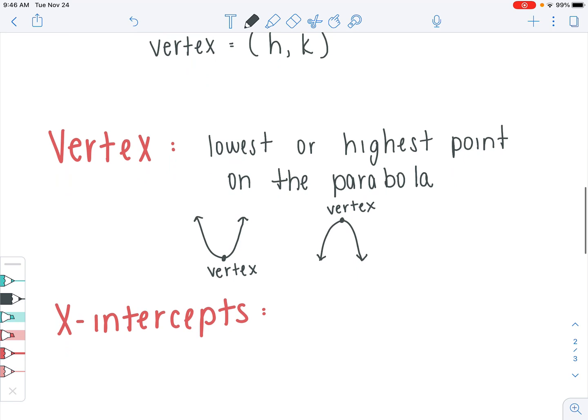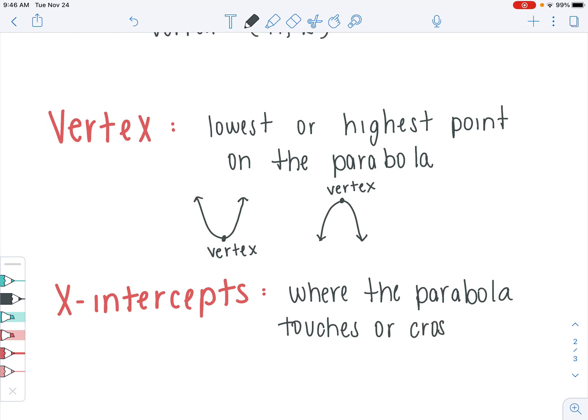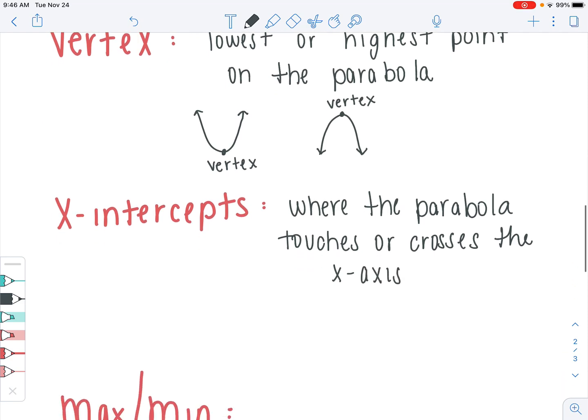Your x-intercepts are where the parabola touches or crosses the x-axis. You can have a couple situations here.